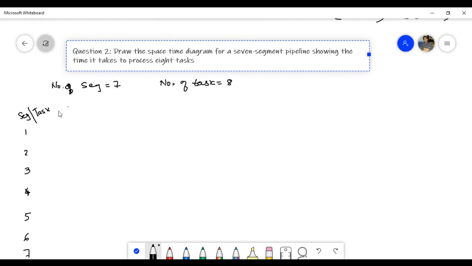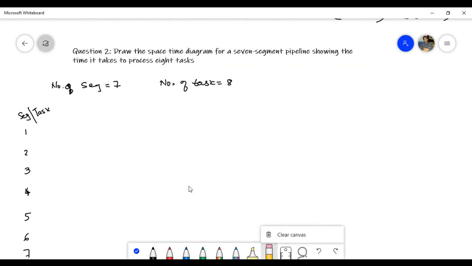So we will write the clock cycles here. How many clock cycles do we need to process 7 segments and 8 tasks?